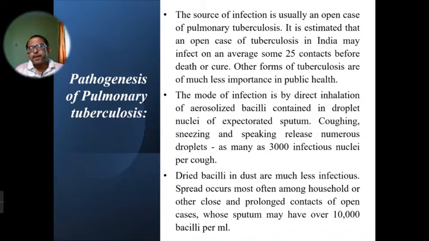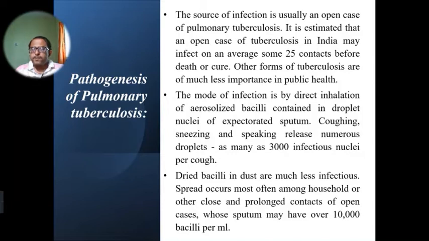Then the next part is the pathogenesis of pulmonary tuberculosis: how this pulmonary tuberculosis disease develops in a host. Before that, we have to see the source of infection. Here, the source of infection is usually an open case of pulmonary tuberculosis, meaning those persons who suffer from pulmonary tuberculosis and remain free without any treatment.